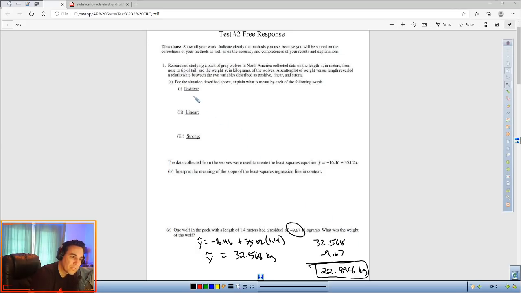How do you interpret these words? Positive meant as x increases, y increases, but you would do it in context. As x increases, y increases. I would say in context, as length increases, weight increases, right?